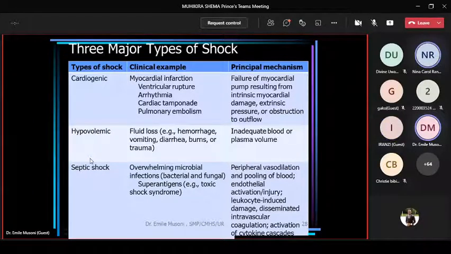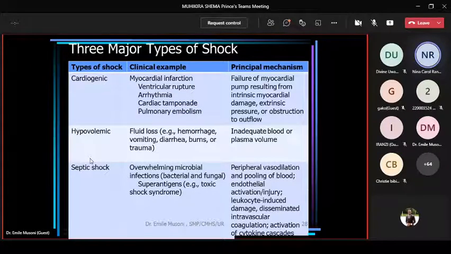Another question. If shock is the diminution of blood volume, is there another type of shock, for example a psychological one?